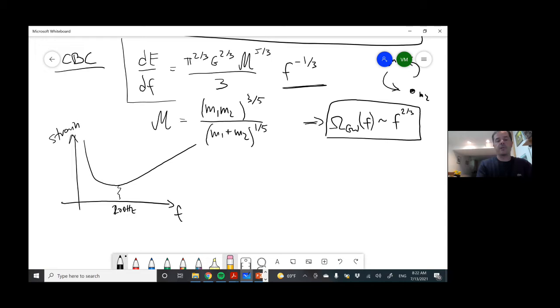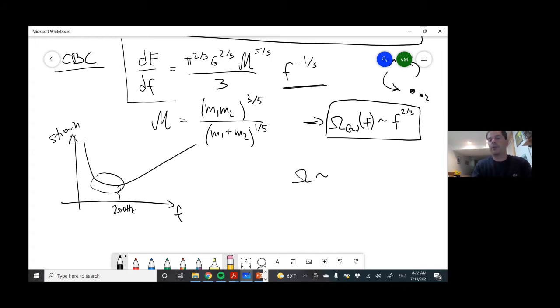So the sensitive region tends to be maybe between 10 or 20 hertz and 150 hertz. But it's even worse than that, because remember what we discussed last time, there is an f cubed relationship between omega and h.